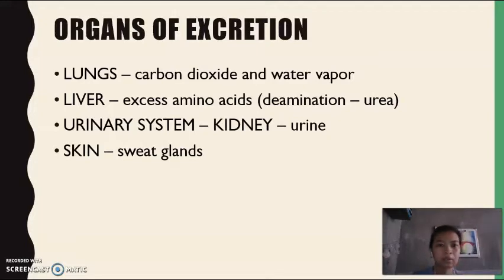The next organ of excretion is the kidney. The kidneys are the major organs of the urinary system. They remove most of the body waste that we have. They act as a water purifier.